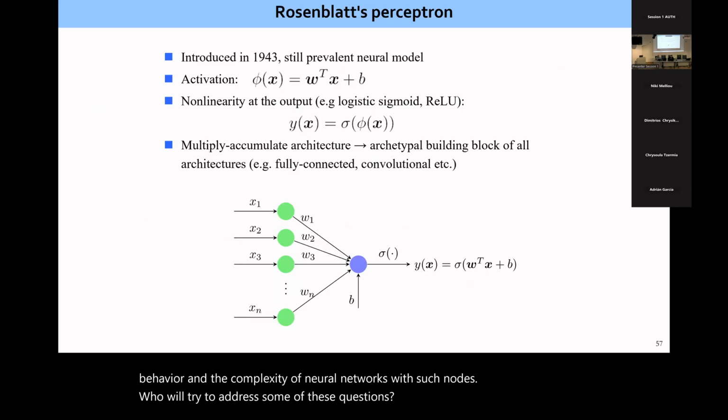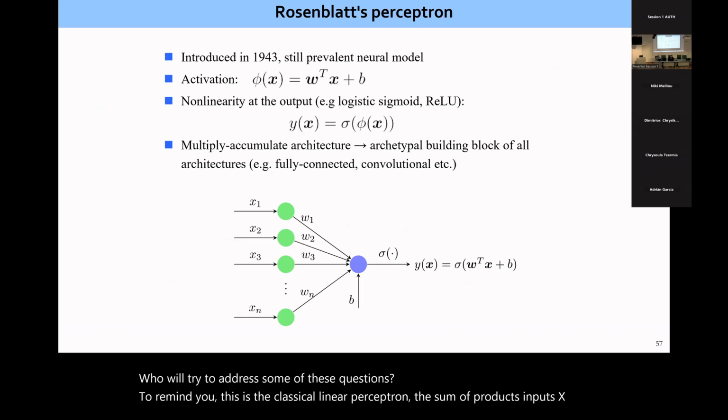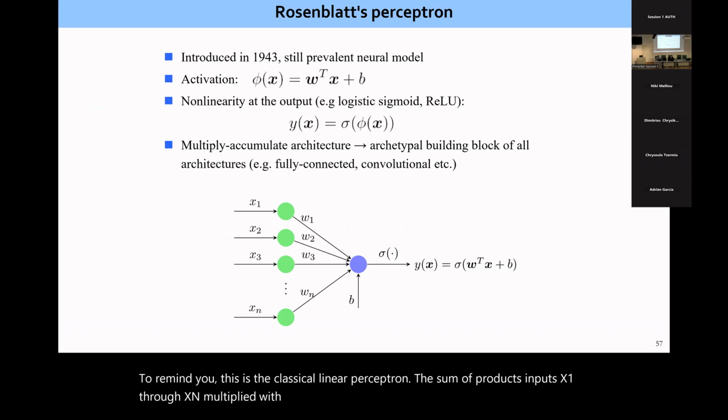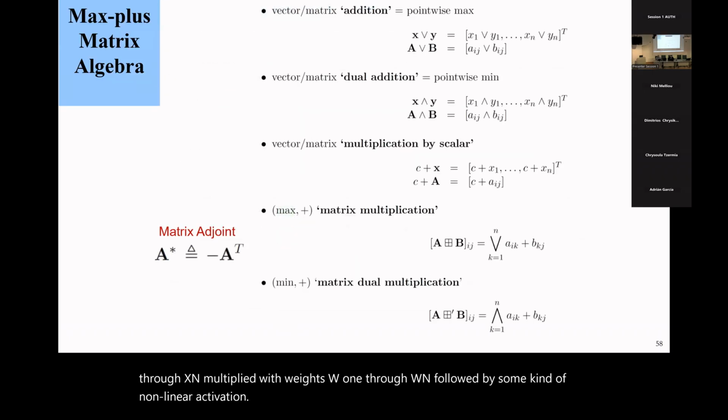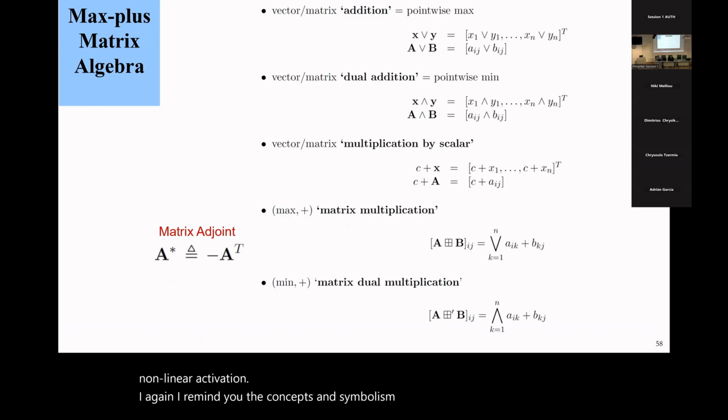Well, to remind you, this is the classical linear perceptron, a sum of products, inputs x1 through xn multiplied with weights w1 through wn, followed by some kind of nonlinear activation. Again, I remind you the concepts and symbolism of max plus algebra that we will be using.